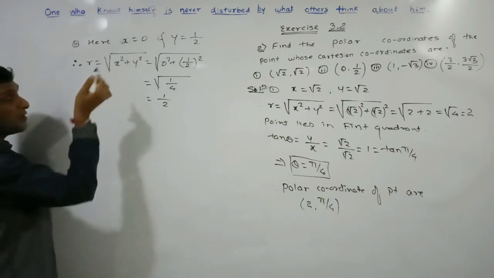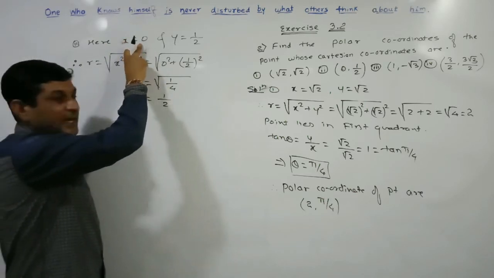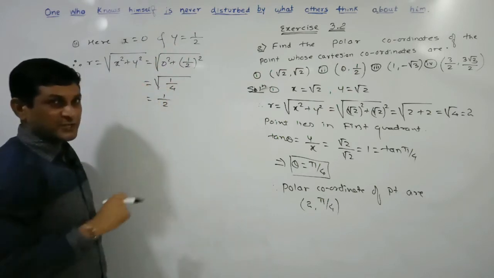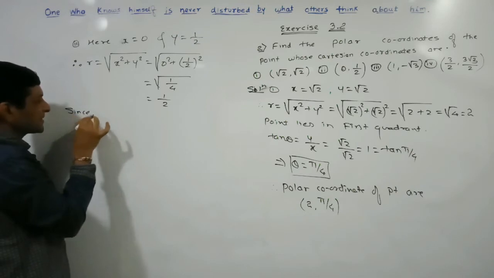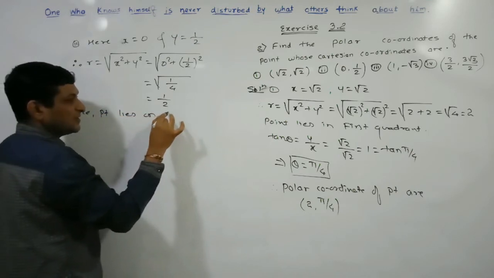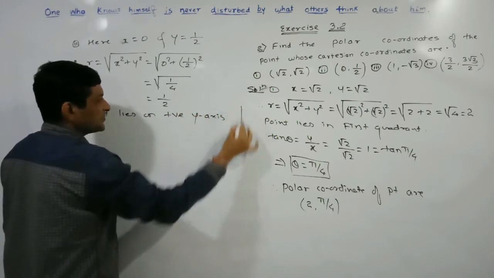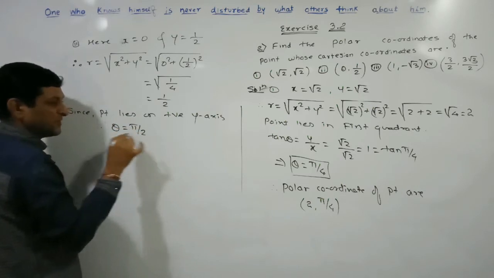So here we can observe that x coordinate is 0, means point lies on y axis, and y coordinate is positive, means point lies on positive direction of y axis. So since point lies on positive y-axis, that's why we can say that theta will be equals to 90 degree, means pi by 2.